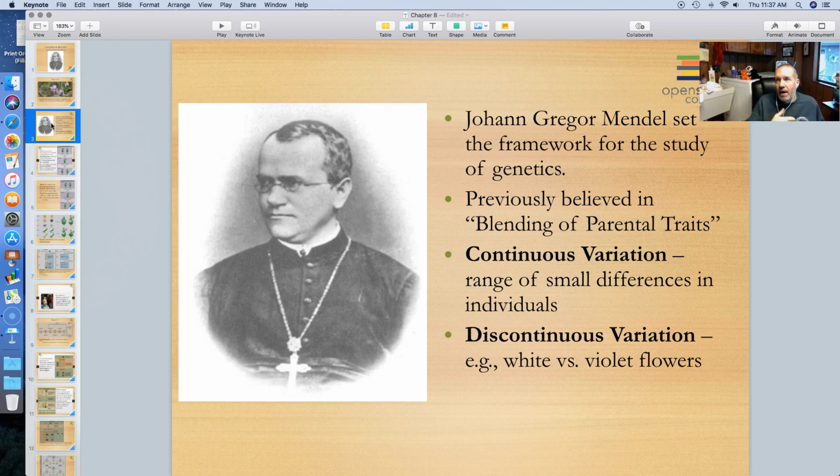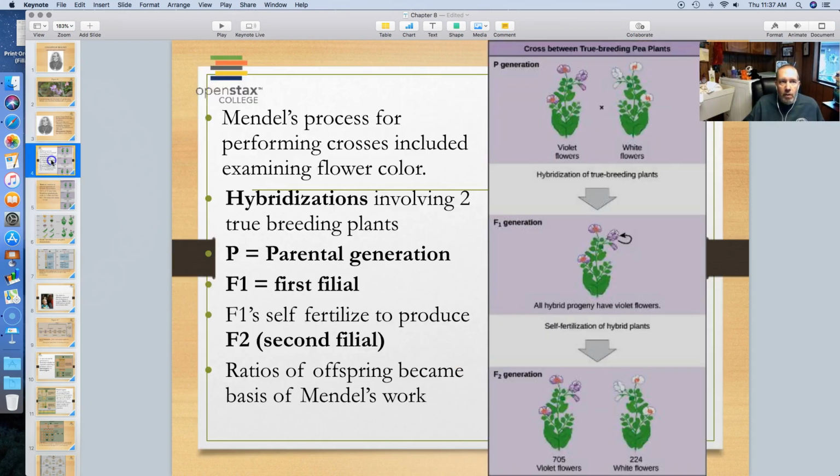There are now almost a continuous range of variants in color of flowers. And that's because of the extensive breeding we've done to try and get all those different colors. But just be aware that there are kind of two ways that traits can show themselves, either in a continuous range or very specific, discrete examples.